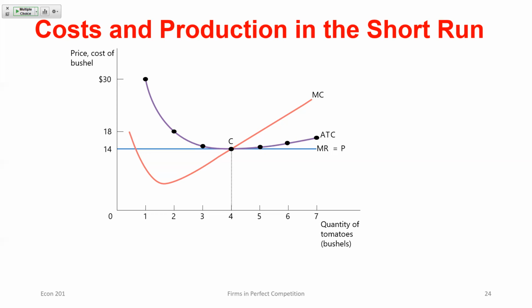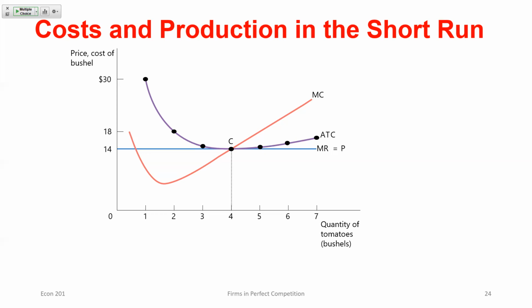The only problem is my average total cost at the optimal quantity is now above the price, or the marginal revenue, at that optimal quantity. So here, even though I'm maximizing profits, my profits are actually negative because the average total cost is greater than the price.